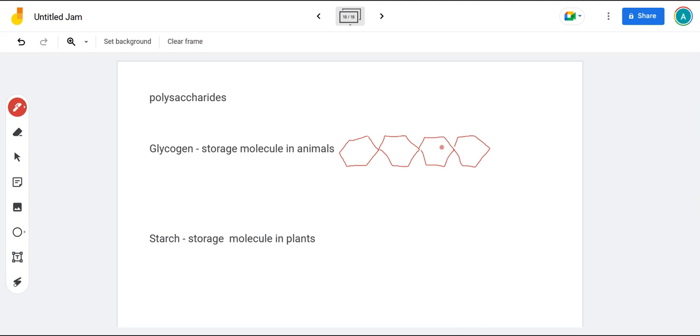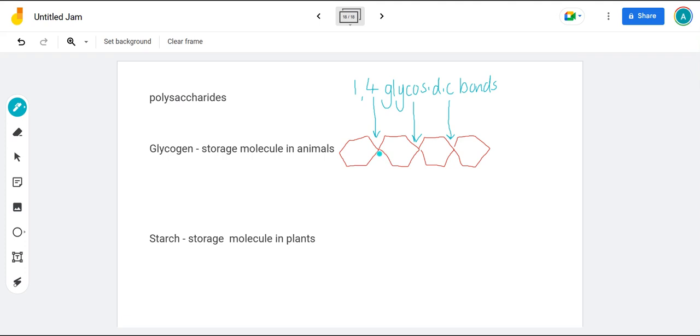The next thing is where the bonds are that are joining these together. So we call these bonds here 1,4 glycosidic bonds. So all these ones here, where they're joined in a line, are called 1,4 glycosidic bonds, and that's because they're joining carbon number 1 to carbon number 4.